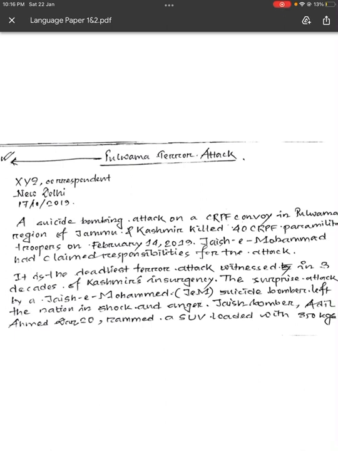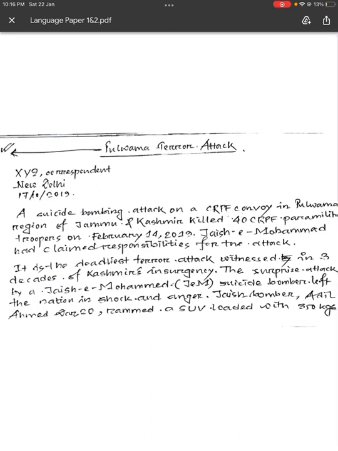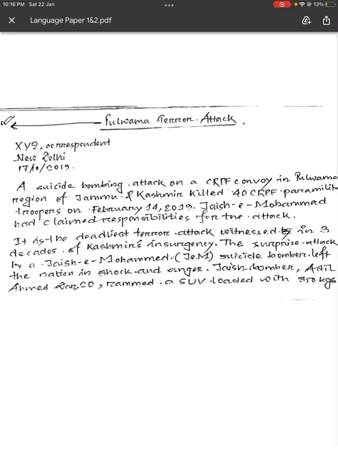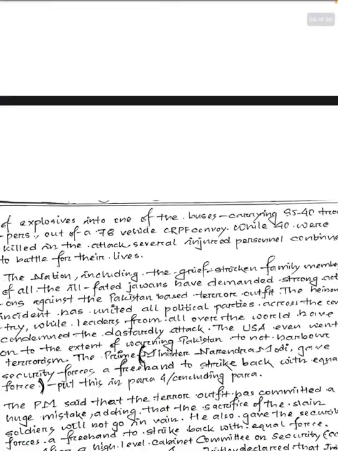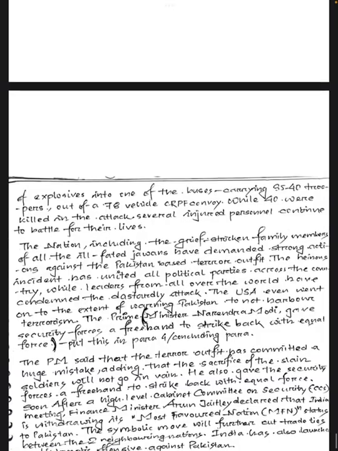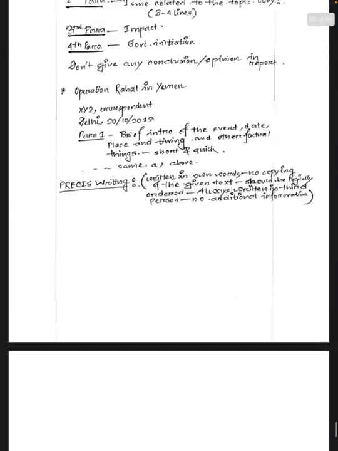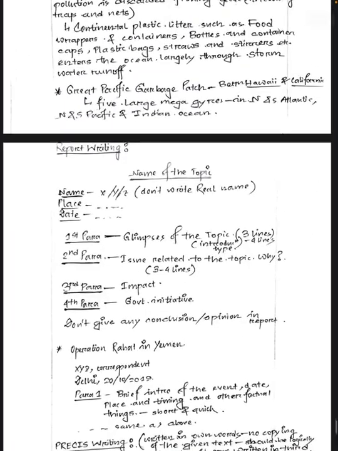You have to write a report, as a reporter writing in a newspaper. So XYZ, correspondent, New Delhi, date, then a few paragraphs: first para, second para, third para, then fourth para. There should not be any conclusion or your own opinion.